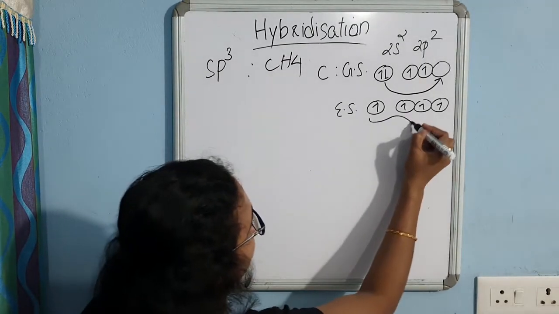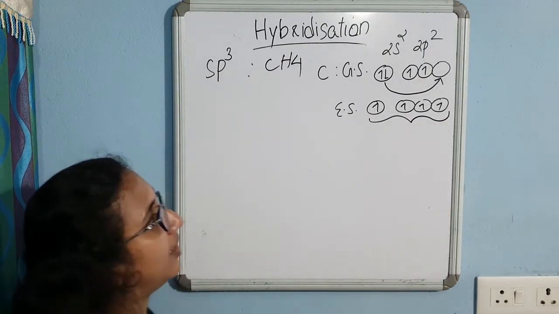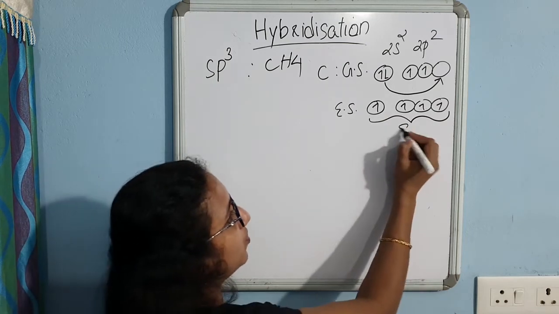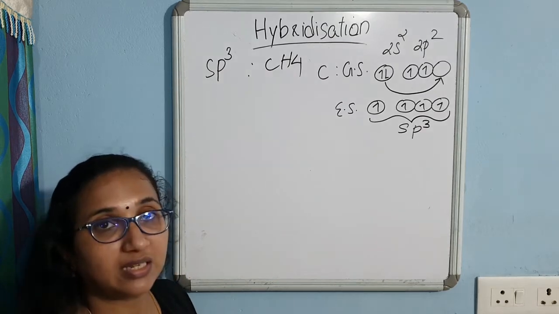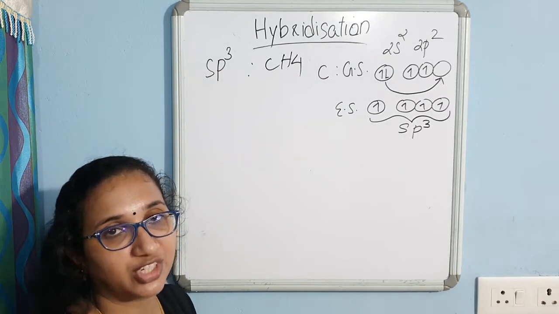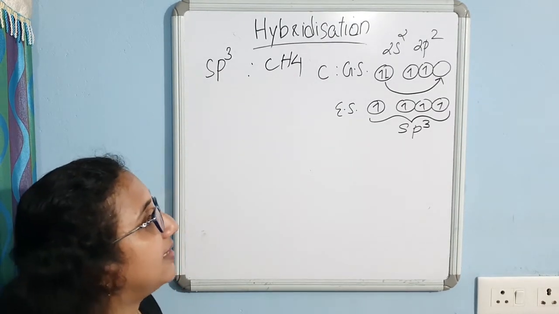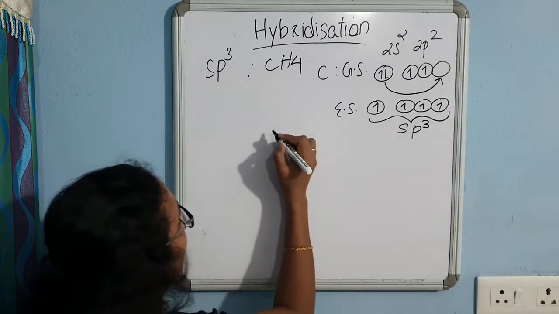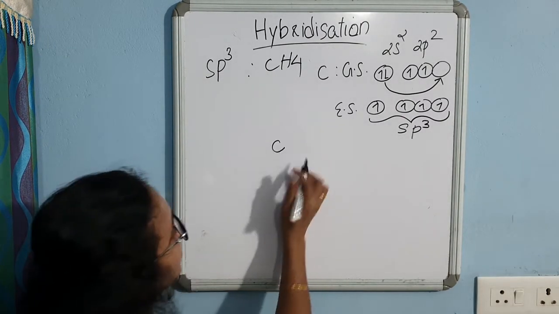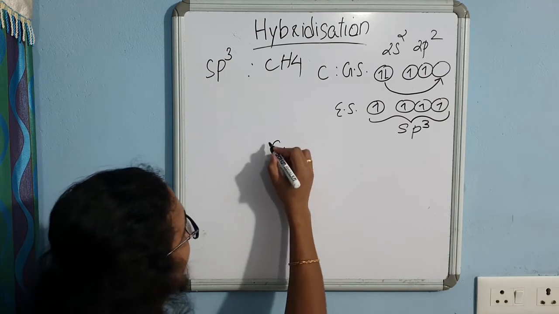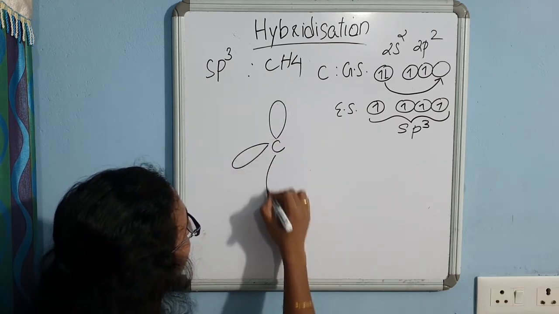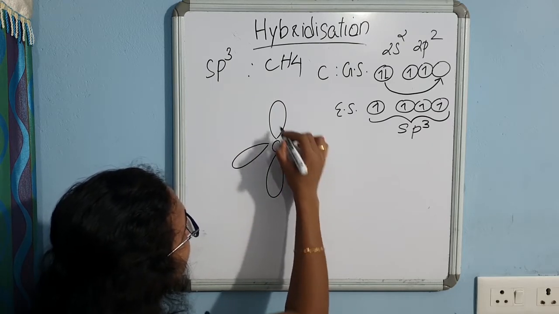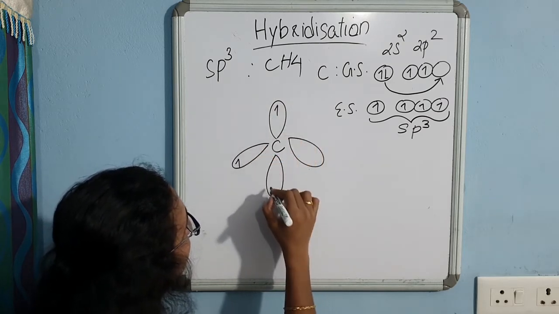Now these 4 half-filled orbitals undergo mixing to form 4 sp3 hybrid orbitals. So 4 new hybrid orbitals having the same energy and same shape are formed, and these 4 hybrid orbitals arrange around the carbon atom in a tetrahedral manner to have minimum repulsion between them.